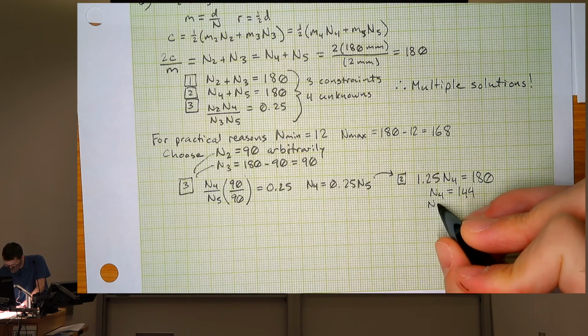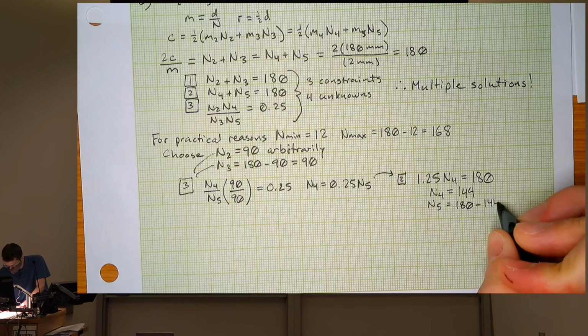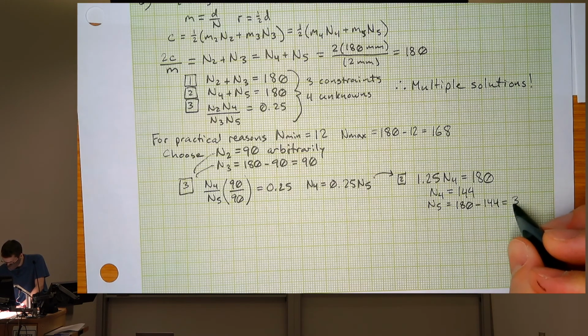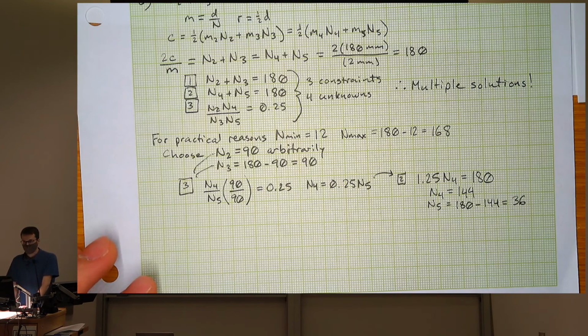And N5 is equal to 180 minus 144, which gives us 36. Okay. Now, before we give our final answer, I highly recommend... Oh, yeah, there's a question.